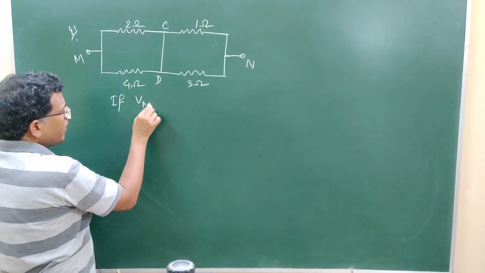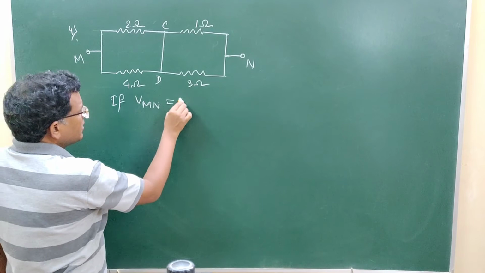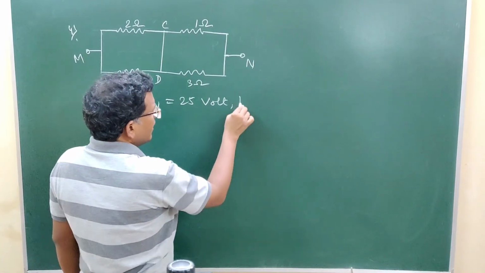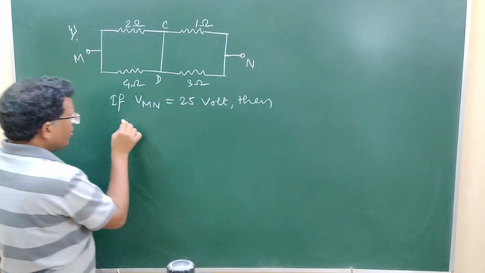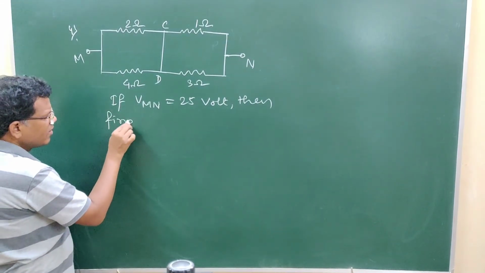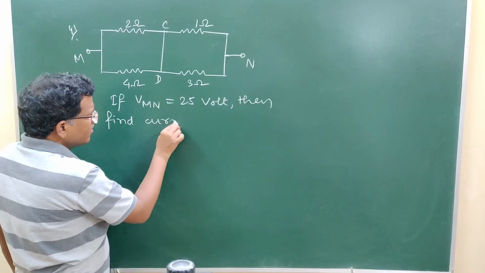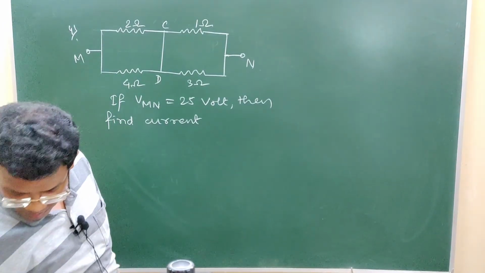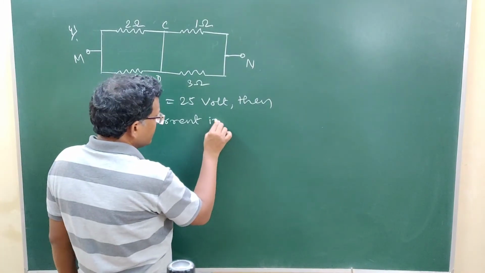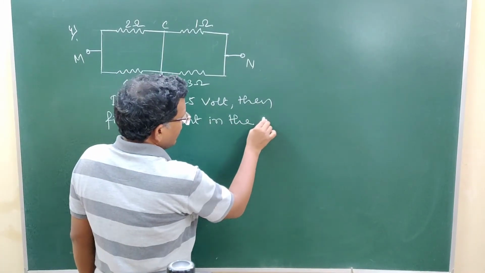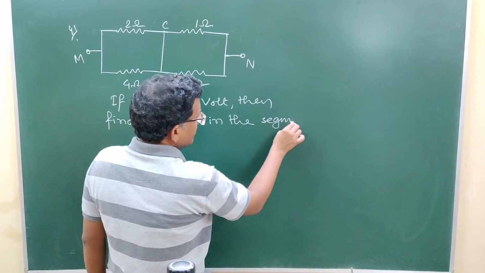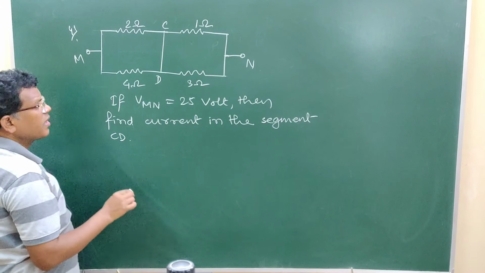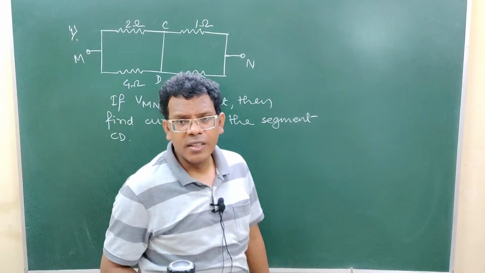If Vmn is equal to 25 volt, then find the current in the segment CD. In the segment CD, you can see in the diagram, CD segment.